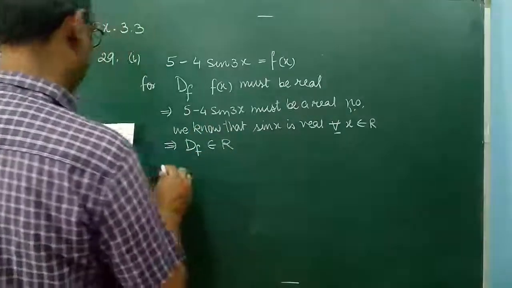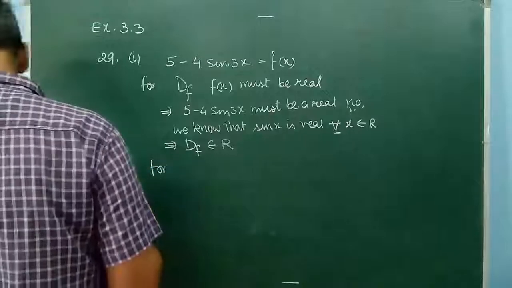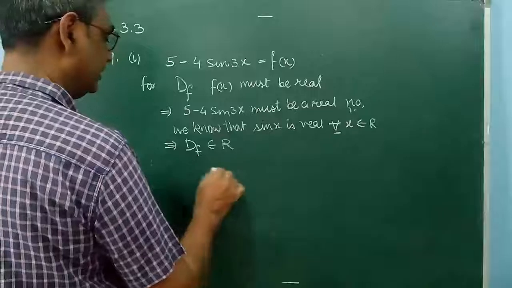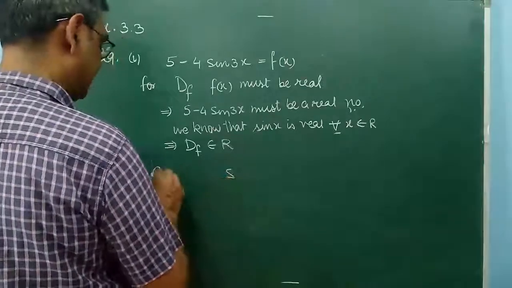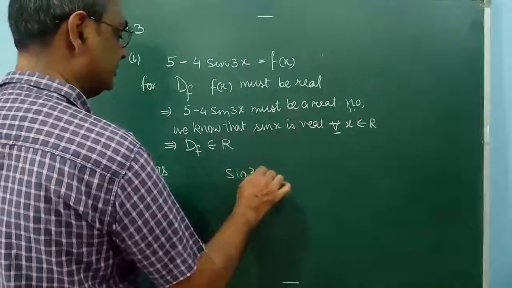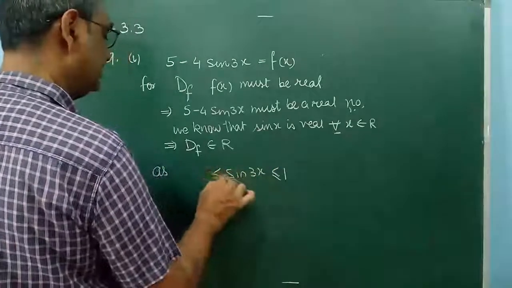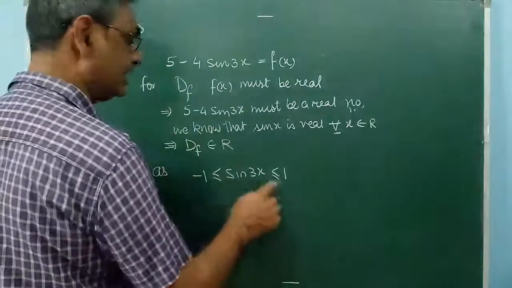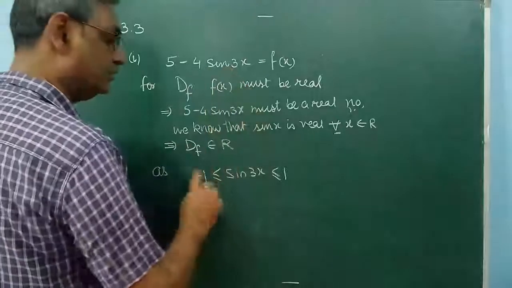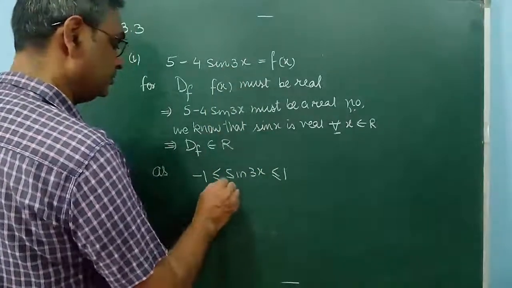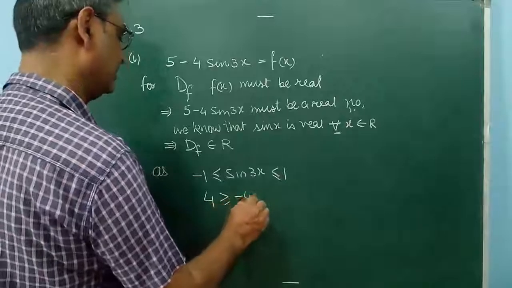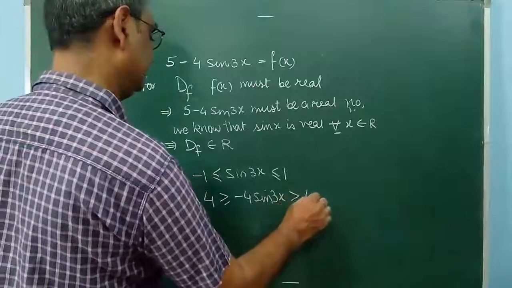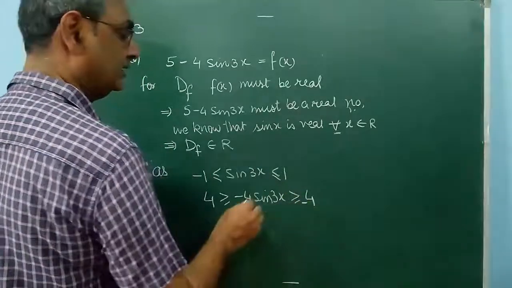Domain is R. So for range, what do we have to do? We know that sin 3x, this is the range for all the angles. The range of sin x or sin 3x is minus 1 to 1. Now you multiply all by minus 4, so this will get changed.